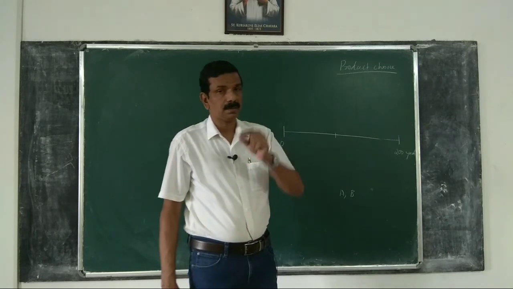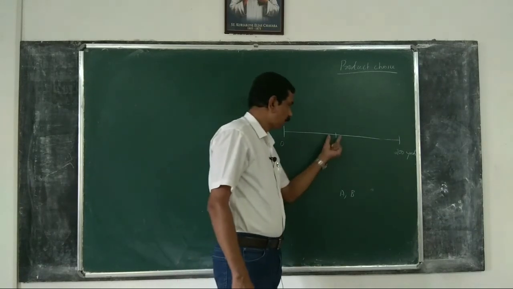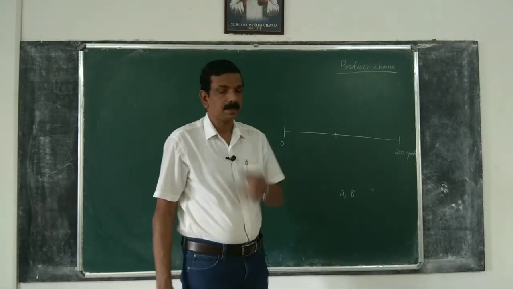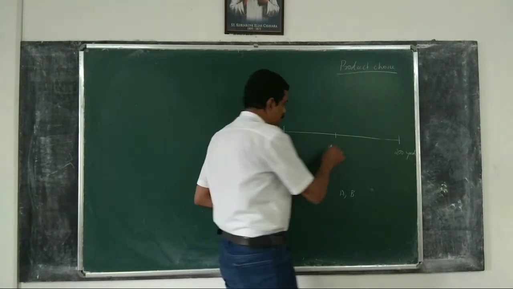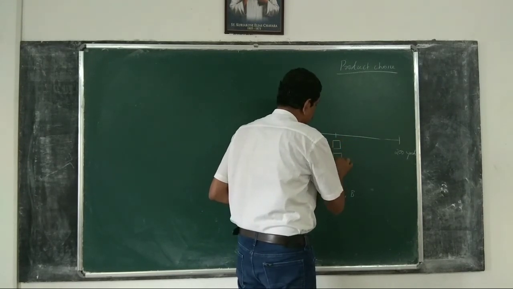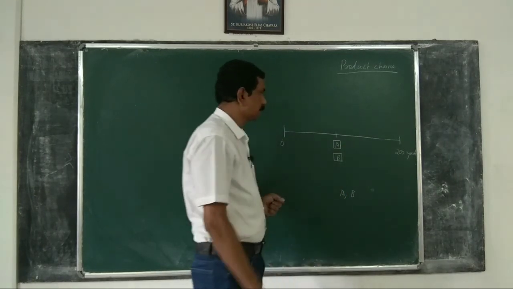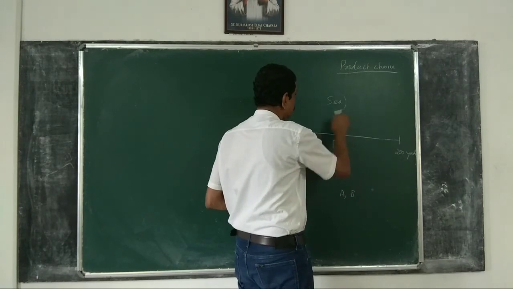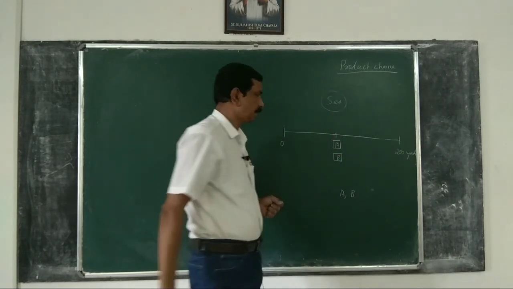Now the question is, what is the Nash equilibrium here? The Nash equilibrium is both A and B will stand in the center, like this. Thinking that C is here. On the other side, there is C.